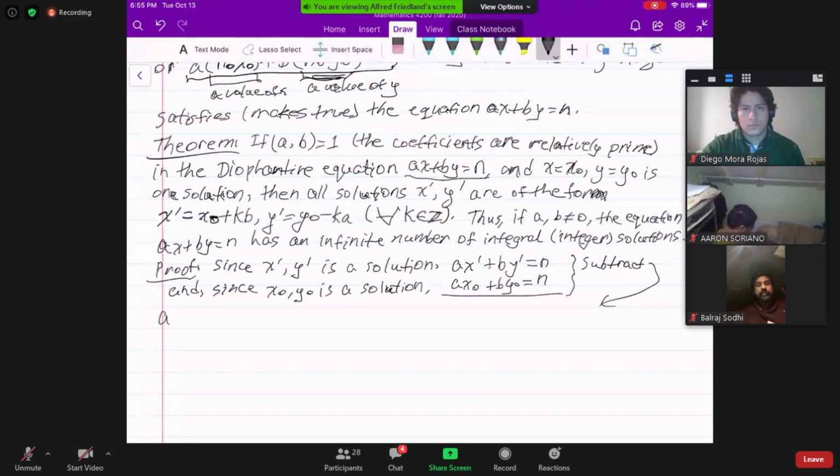So let's just take out the a and write a times x prime minus x sub 0 plus, again, I'm subtracting the left sides and the right sides of the second equation from the first equation. So that'll give us by prime minus by sub 0, take out the b, and we're left with y prime minus y sub 0 equals 0, because we have n on both sides.